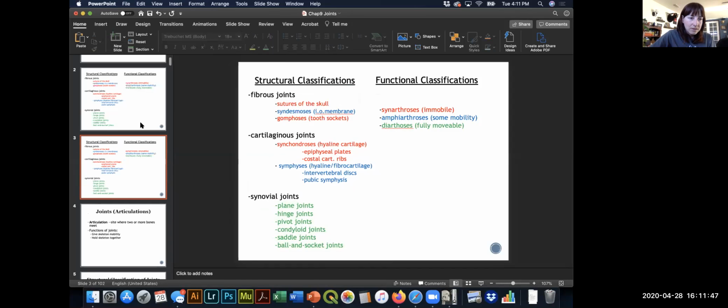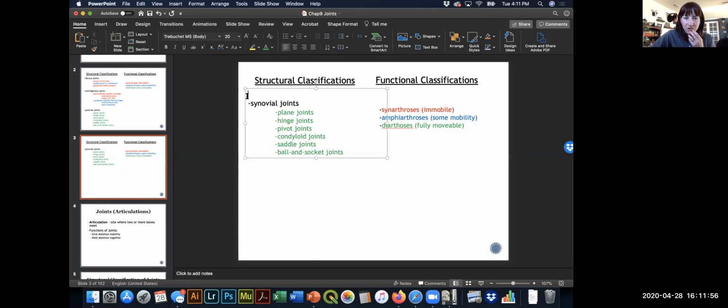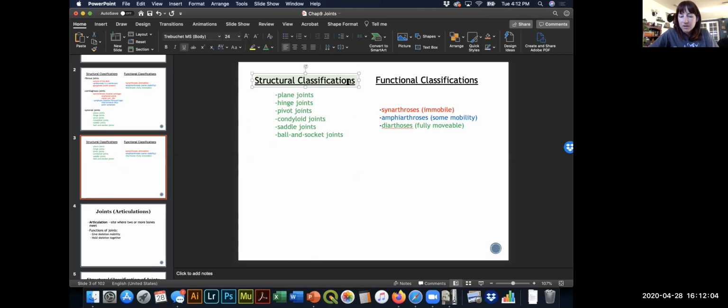Let's do something similar, except for just the synovial joints. And this will be in terms of the types of movements of synovial joints.